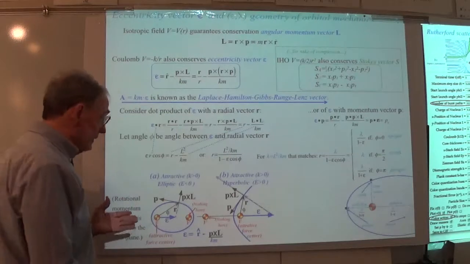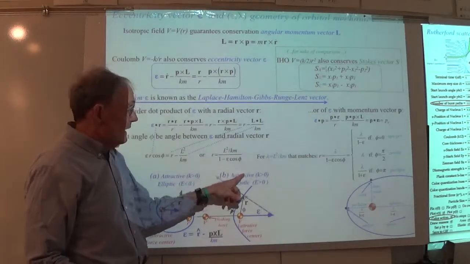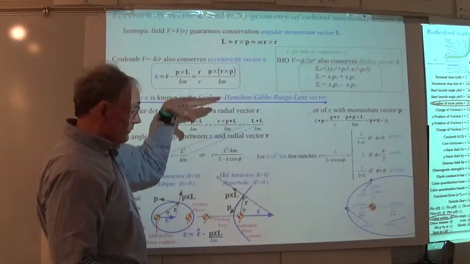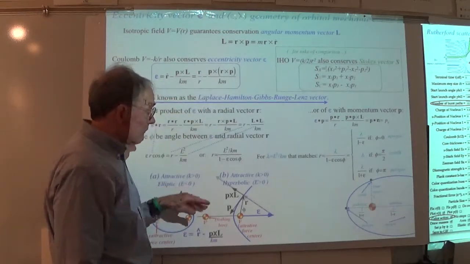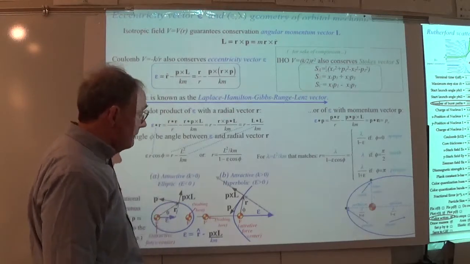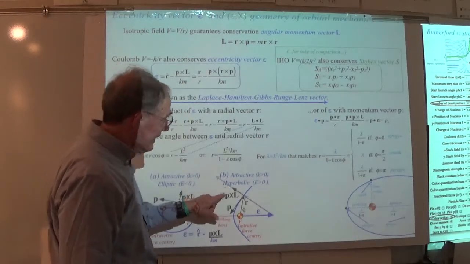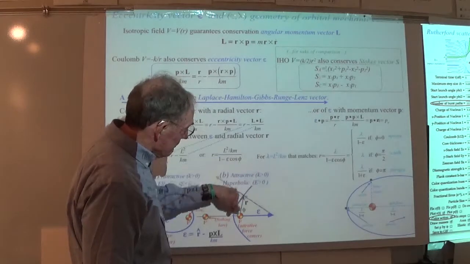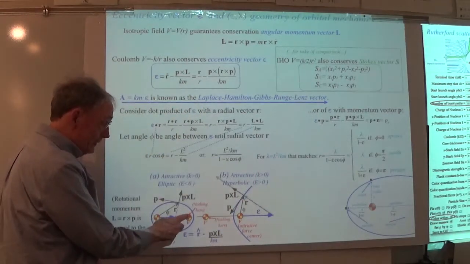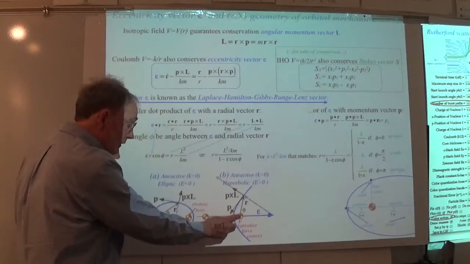Just the opposite. If with an attractive k greater than 0, you go up in energy above 0, make it positive, you're going to have a hyperbola. You can see that because now p cross L points this way, and this is the attractive center now.